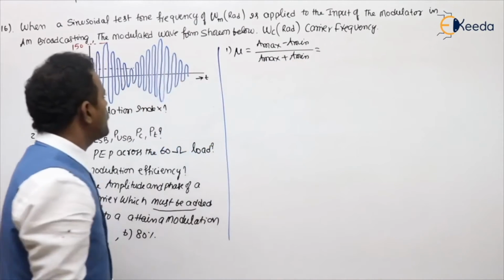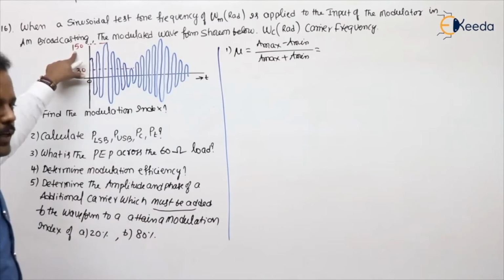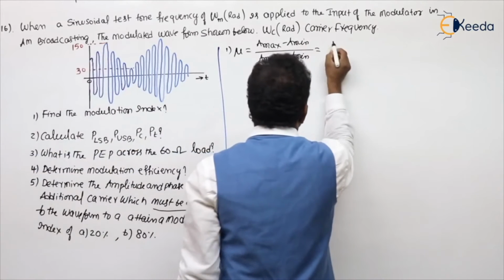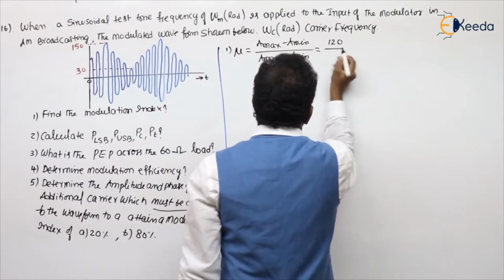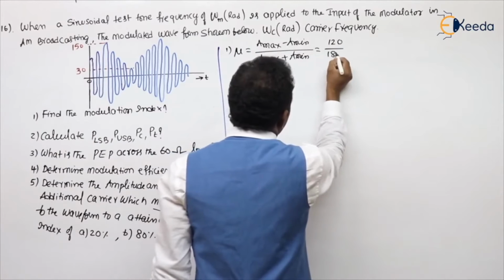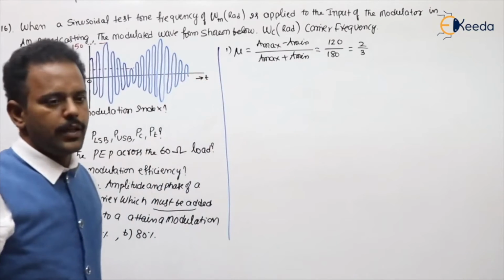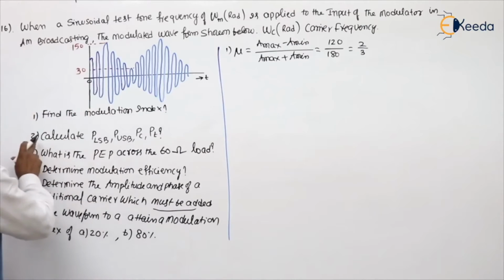A max is 150, A minimum is 30. So 150 minus 30 is 120, 150 plus 30 is 180. So mu is 2 by 3. First question done.